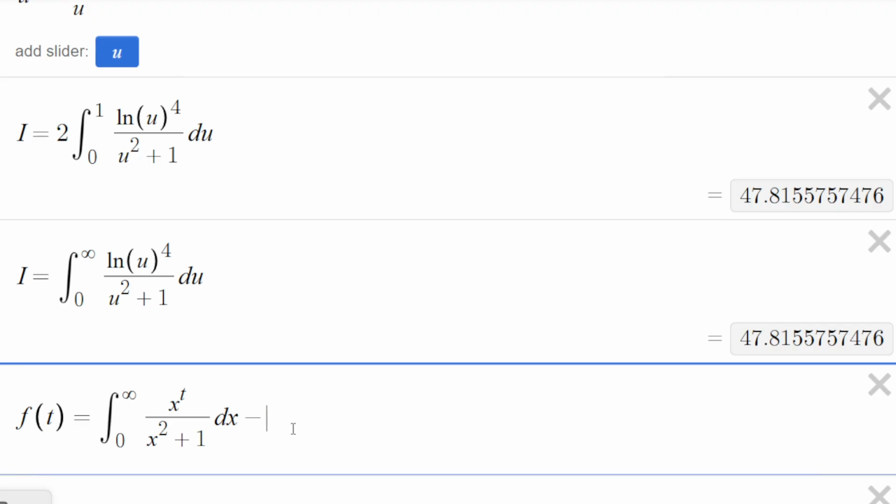This implies if we take 4 derivatives of this using the Leibniz rule for differentiation under the integral sign, we'll get f quadruple prime of t is equal to the integral from 0 to infinity of x to the t natural log to the 4th x over x squared plus 1 dx. And this in turn implies that f quadruple prime at 0 is equal to I.